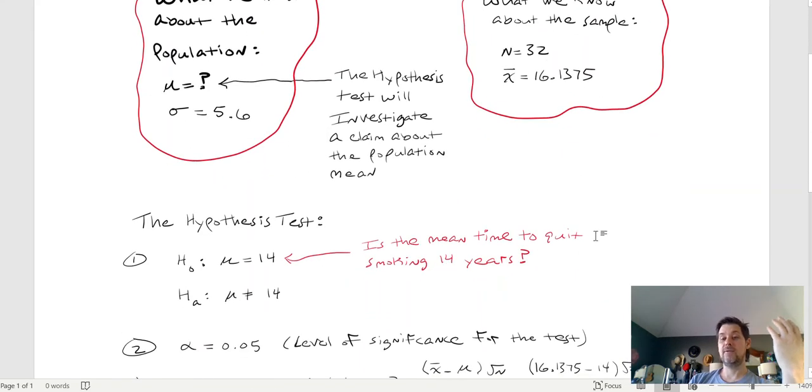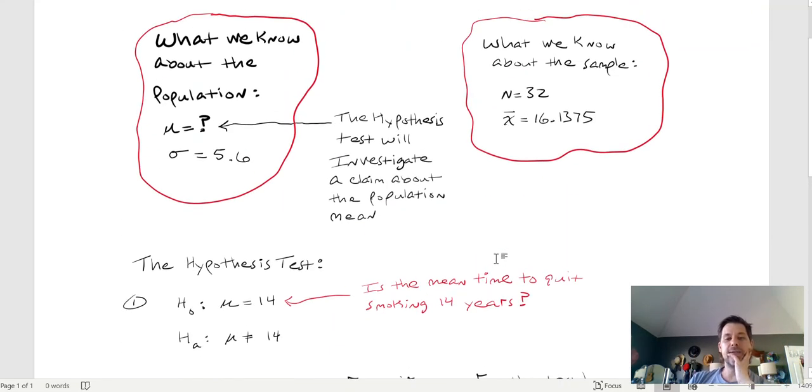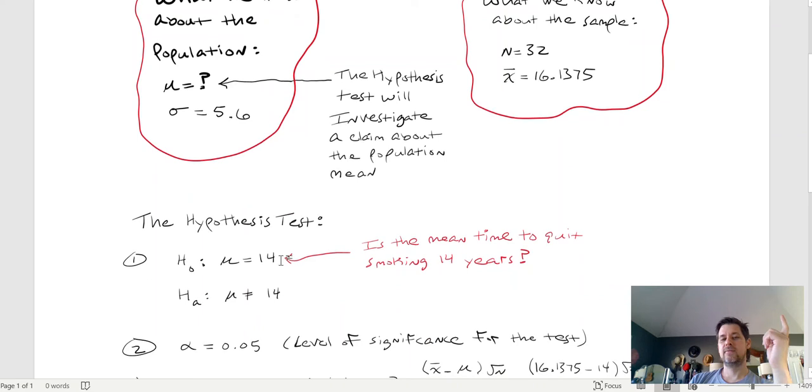Is the mean time to quit smoking 14 years or not? Now, you could intuitively think, see the sample mean? It's not 14, but is it different enough from 14 to believe that the population mean isn't 14?